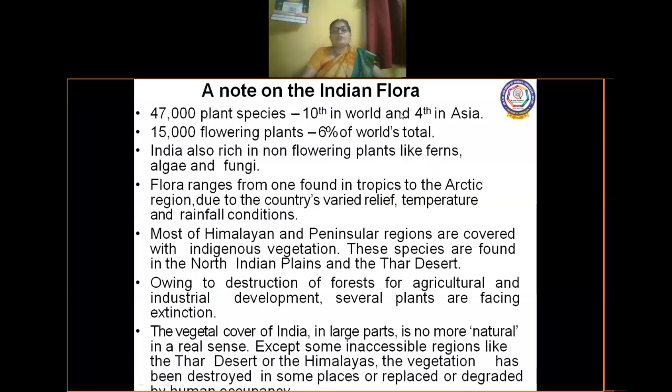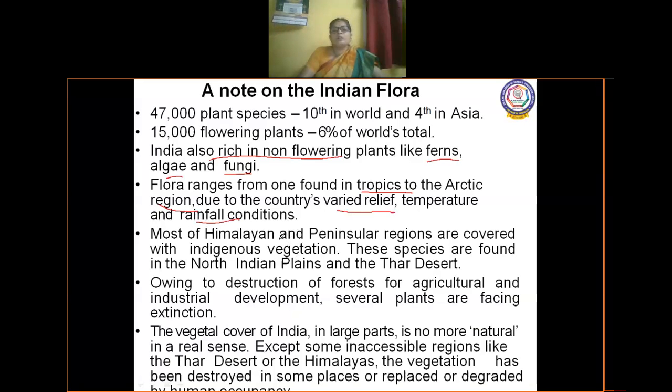Now, Indian flora, as we are learning this topic from the Indian perspective. So, 47,000 plant species I have highlighted earlier, and 15,000 flowering plants, a percentage of the world total. India is also rich in non-flowering plants like ferns, algae, and fungi. And flora ranges from that found in the tropics to the Arctic region due to the country's varied relief, temperature, and rainfall conditions.